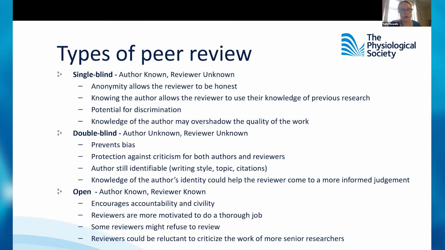If it's in a small research area, you can probably still work out which lab is doing the research. So you could go to the wrong assumption. You think you know, and you're making judgments based on that. So at the moment, single blind peer review seems to be what's most used for life sciences. There are now a few journals which do open peer review, and there again are pros and cons. You can look up plenty of examples of them online.